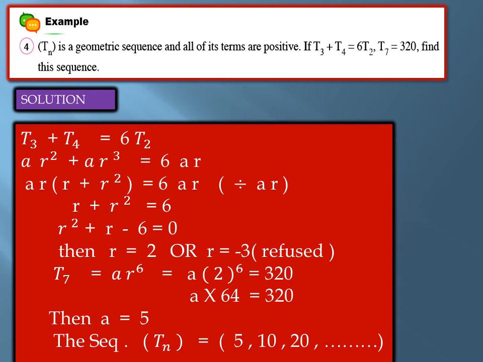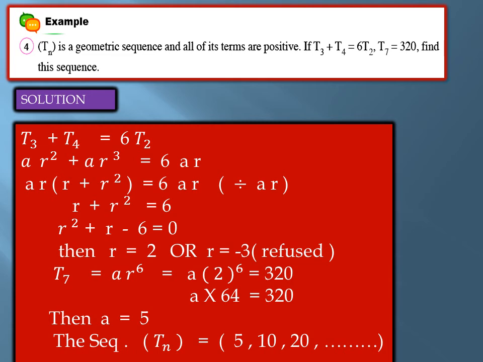We can take the common factor AR. Why AR? Why not AR to the power 2? Because of the other side, which equals 62 AR. We want the common factor AR because it cancels on both sides.